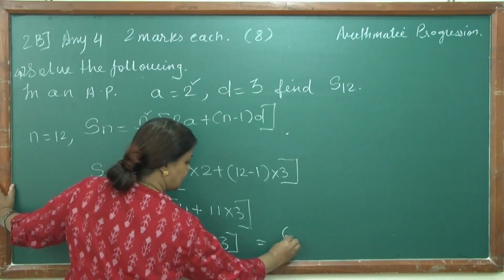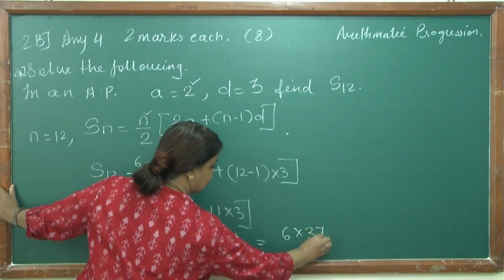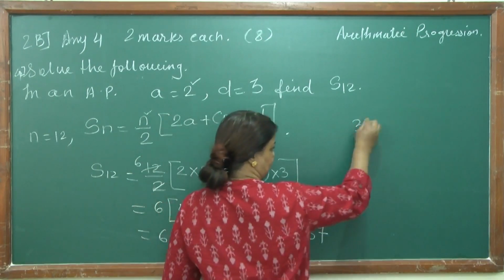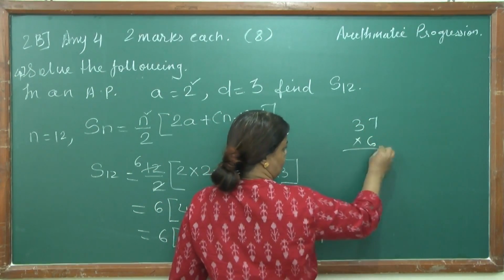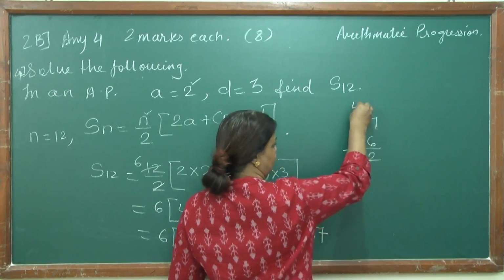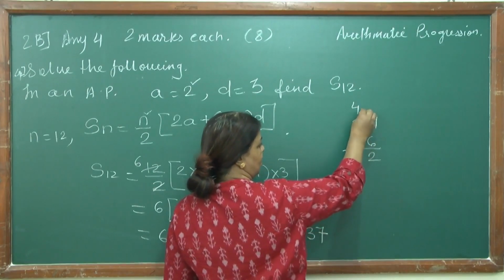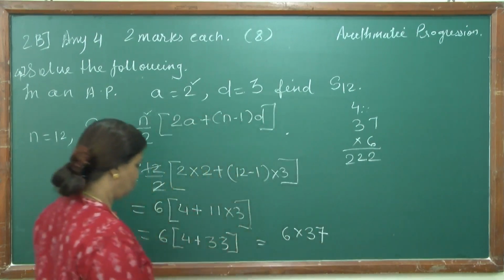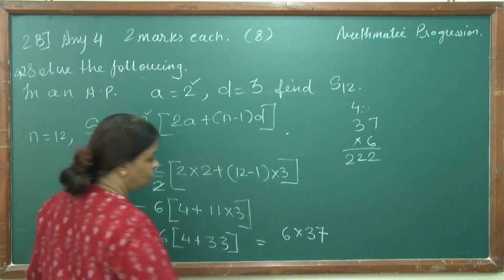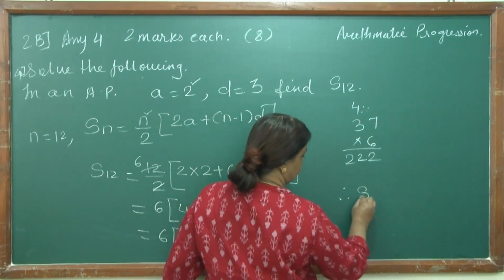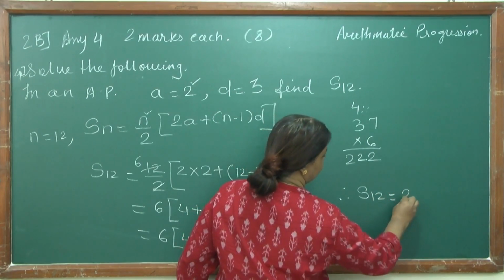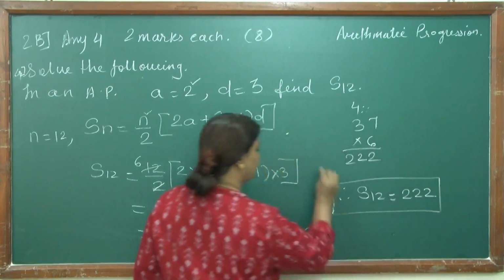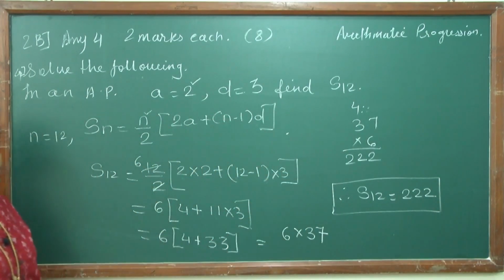So 6 into 37. 6 sevens are 42. Carry 4. 6 threes are 18, 19, 20, 21, 22. So S12 is equal to 222. You can pause and you can solve the sum, children.